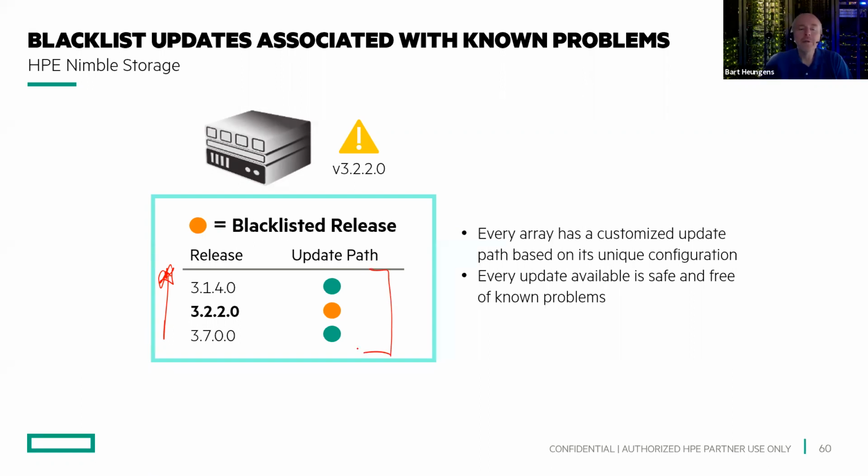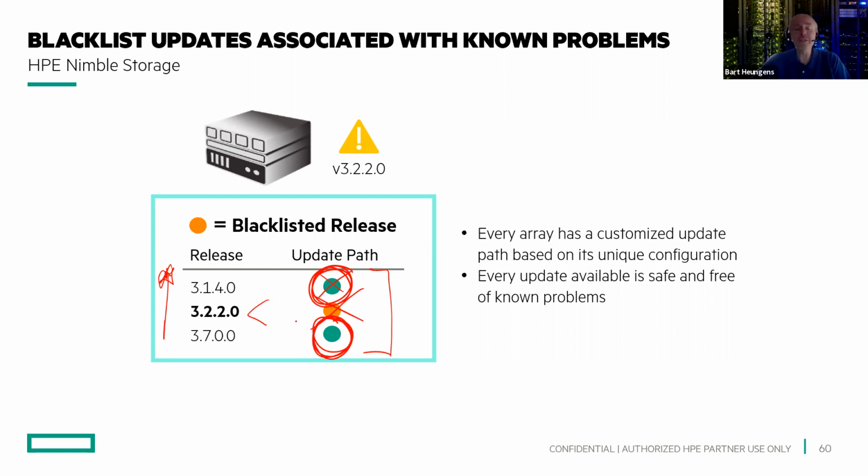Infosight and Nimble, we know what is supported, yes or no, because we can see which servers are connected. If you have servers connected with VMware 6.5, just an example, and we know that 3.2.2.0 has a problem with VMware 6.5, at that moment you cannot even download it. We only give you the possibility to download versions that HPE and Nimble support tells you are supported on your array.